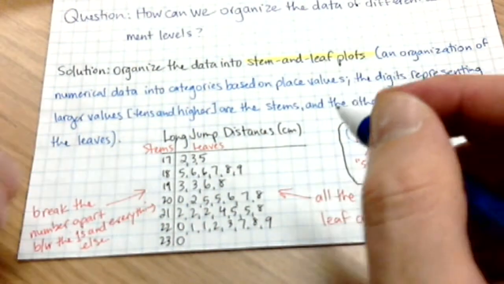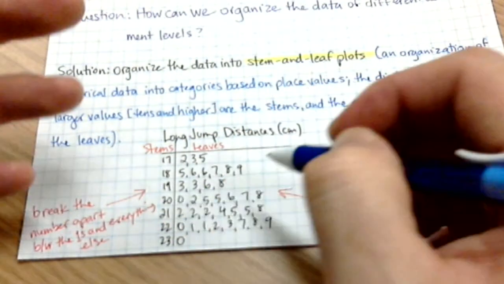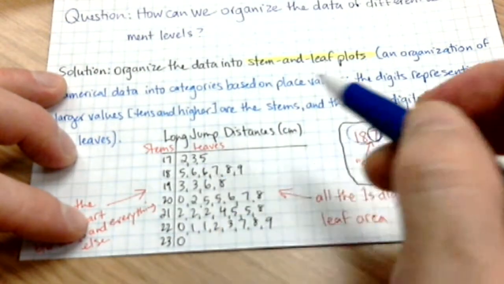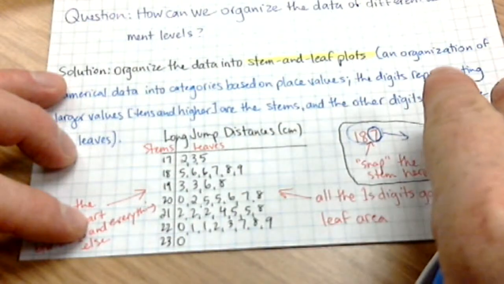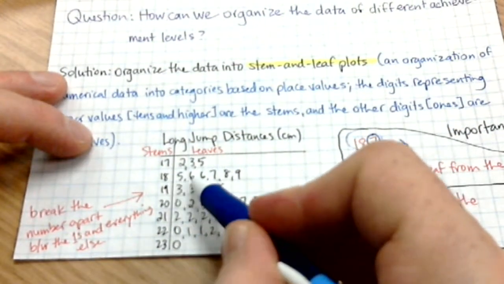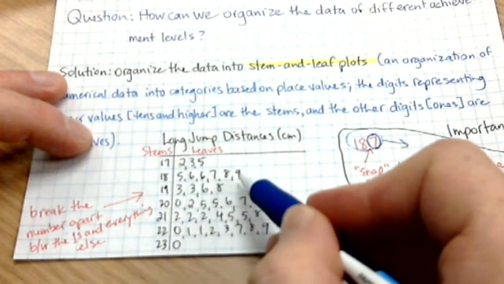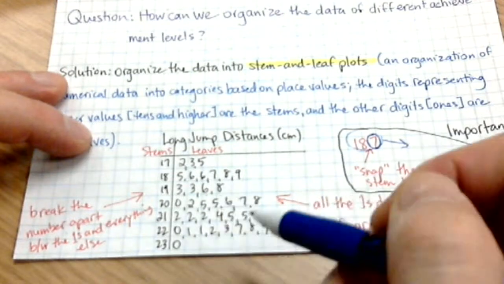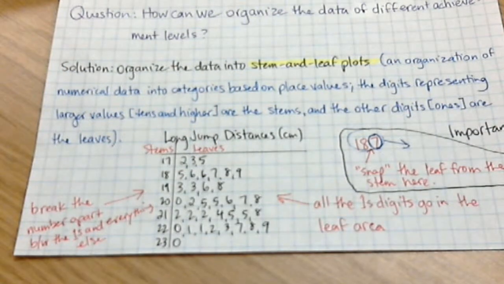You don't have to. When you see them, write them down, cross them out, and then they're done. So I have 172, 173, 175. You always break the ones digit off. And if I keep going, 185, 186, 186, 187, 188, 189, 193, 193, 196, 198, and so on and so forth. That's how it works.